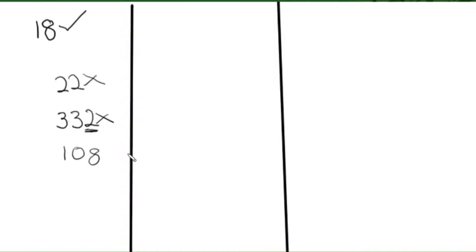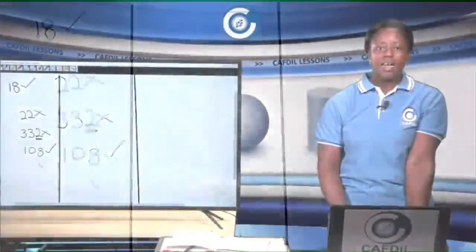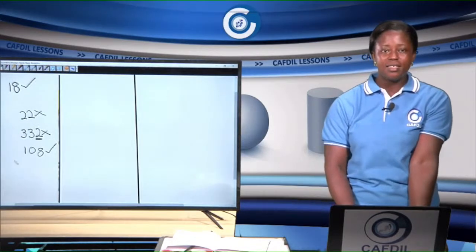Good. So 108 is divisible by 18. The number is an even number. When we add the digits, it will give us 9. And 9 is divisible by 9. So 108 is divisible by 18. Let's try another one and see.